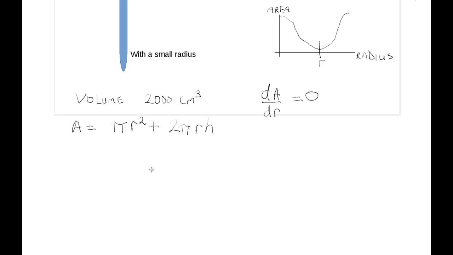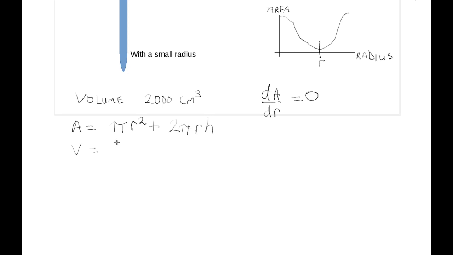Now we've got a problem here. We've got radius, which is what we expect to get. Okay, but we've got a different variable, which is h. So therefore, we've got to convert the h into terms of a radius. How do we do that? We're going to use the formula for the volume. So the volume is the area of the base times the height.